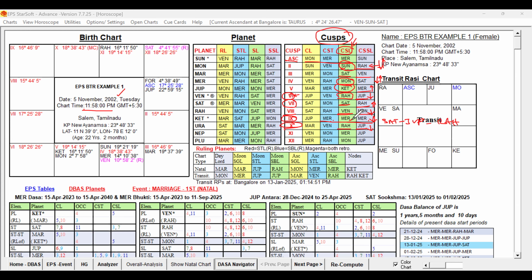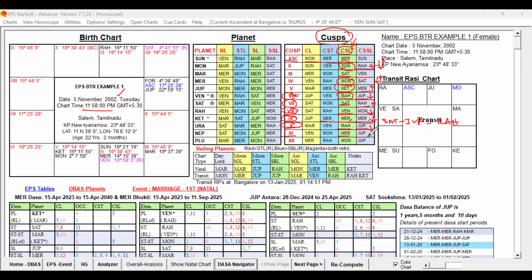And the eleventh sublord is Mercury, sub-sublord is Jupiter. So this is not on the border. It is on the border in the sense that after Jupiter, Saturn will come, then Mercury will be over. So if you increase the birth time, it will have impact on the eleventh sublord. Now we are focusing on whether the eleventh cusp has any impact, right? So now we have to look at the twelfth sublord.